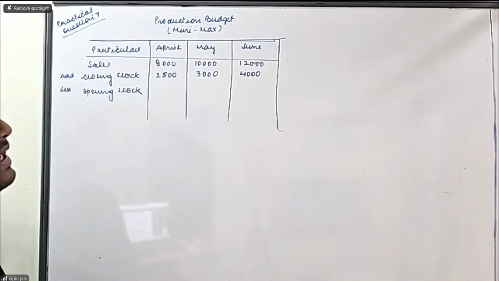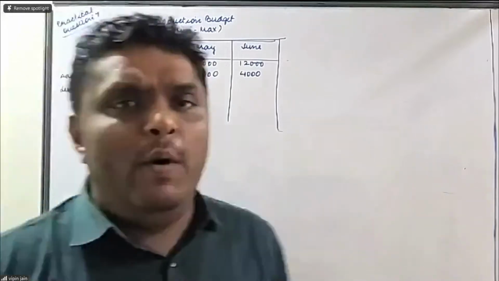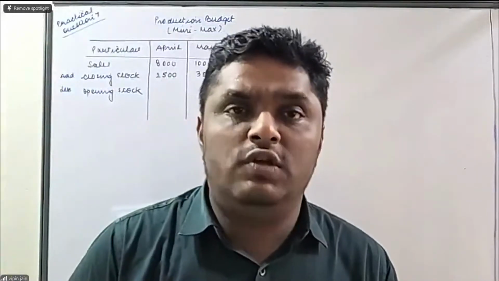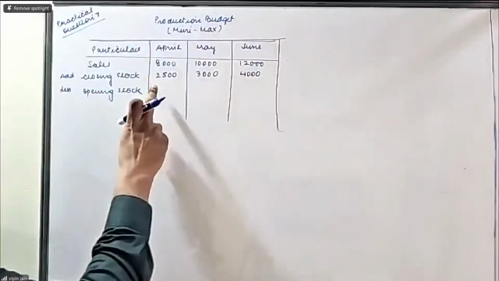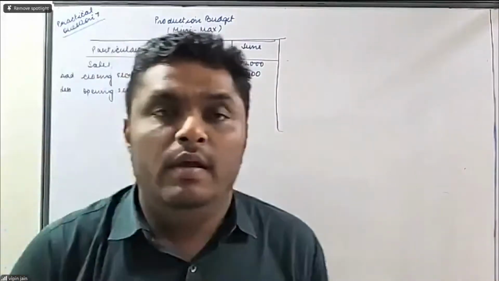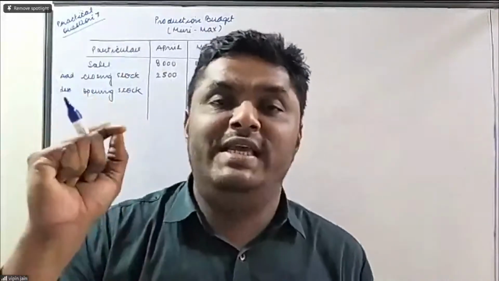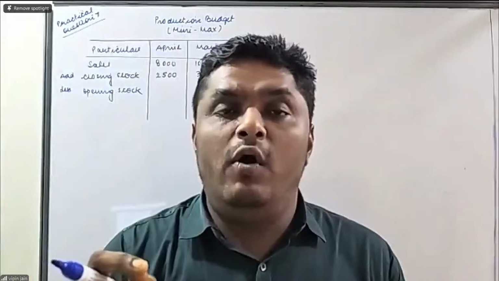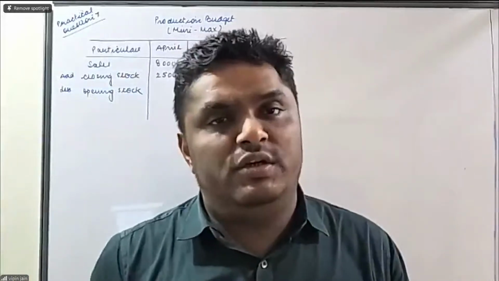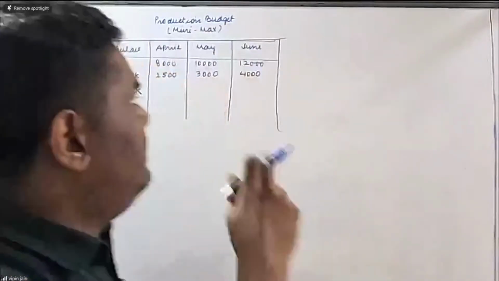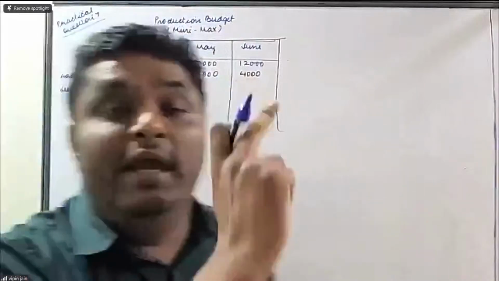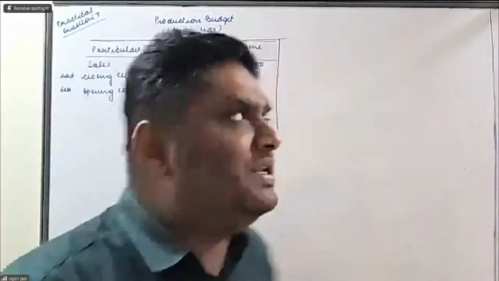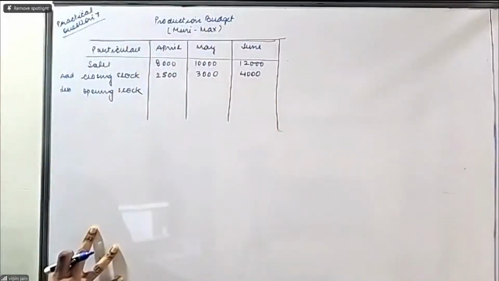If you have any doubts till now, you can please post your query. Now, very important when talking about opening stock. Opening stock of April will be the closing stock of March. And what will be the closing stock of March? 25% of April.